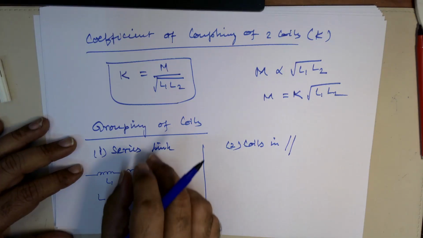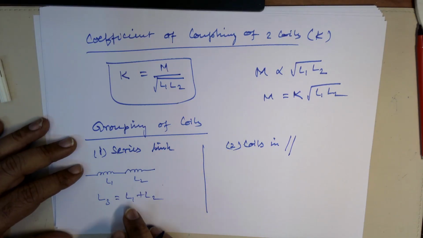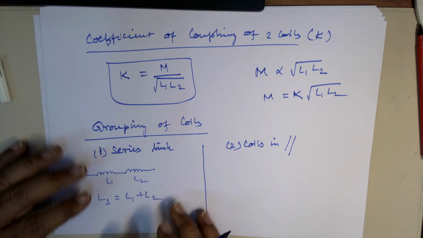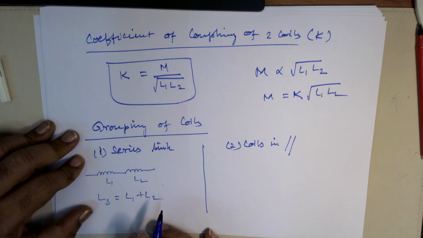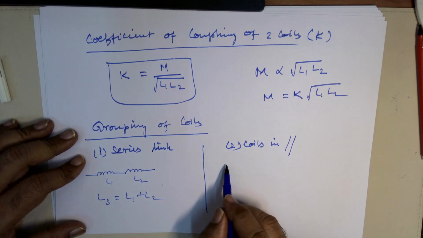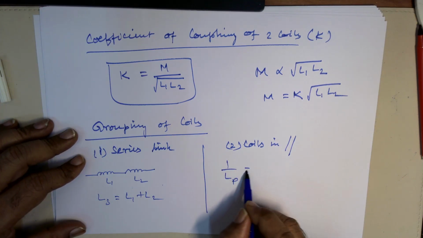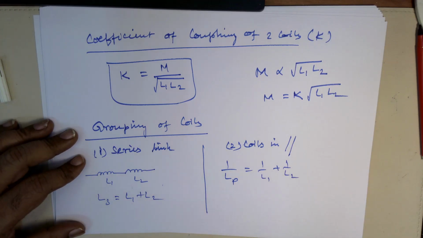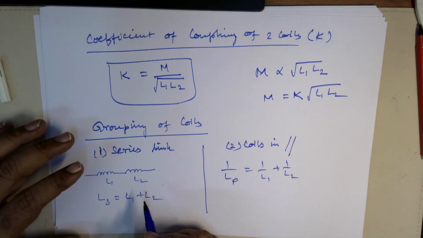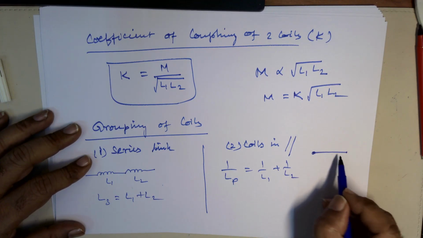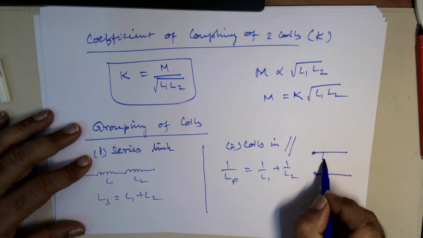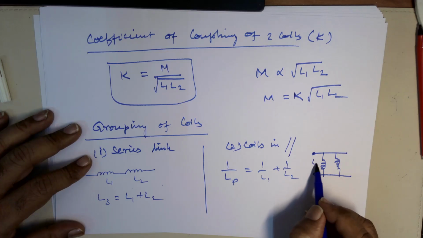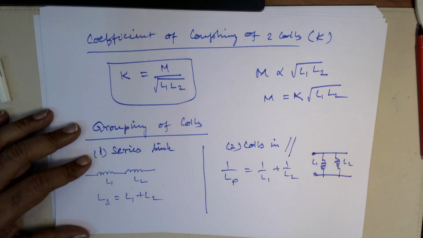So in the case of series, by the combination of induction coils, the LS increases. But in the case of parallel, 1 by L parallel is equal to 1 by L1 plus 1 by L2 and so on. Let me consider this: here I have put one coil and another coil, L1 and L2, both in parallel.